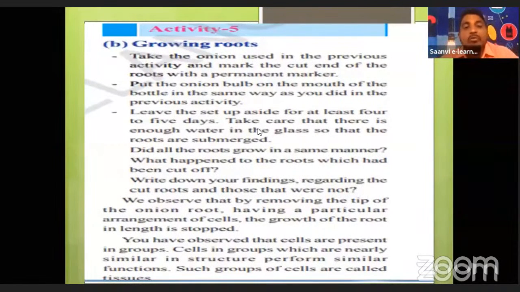Take care that there is enough water in the glass. We need some moisture to make the roots grow in the onion bulb. Take care that there is enough water so that the roots are submerged.